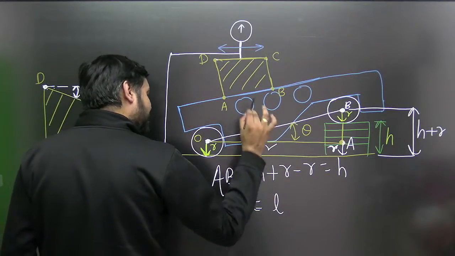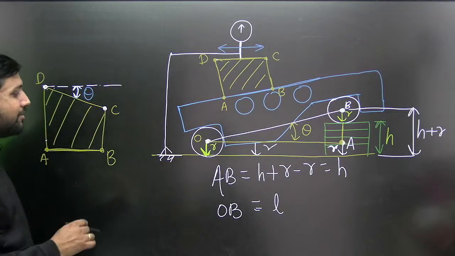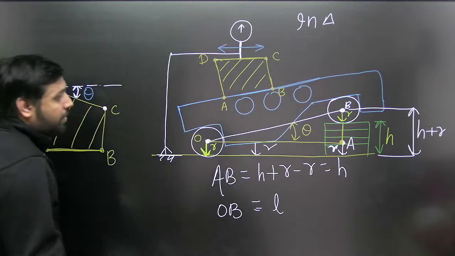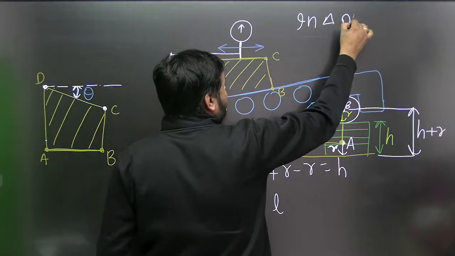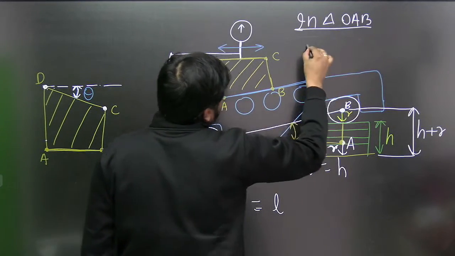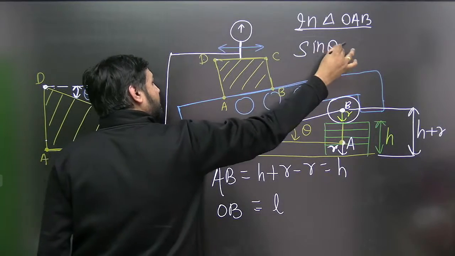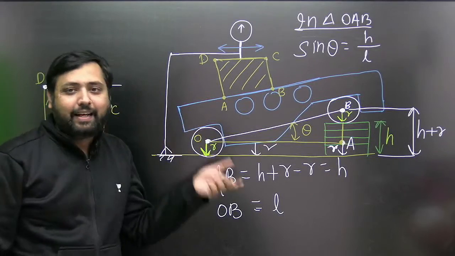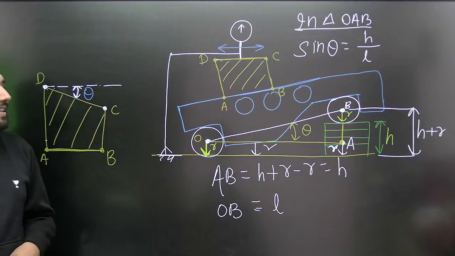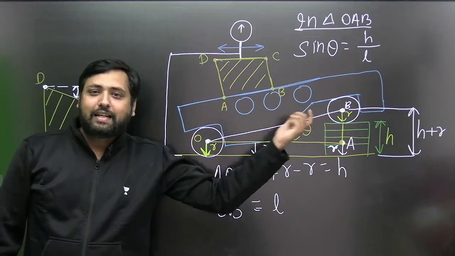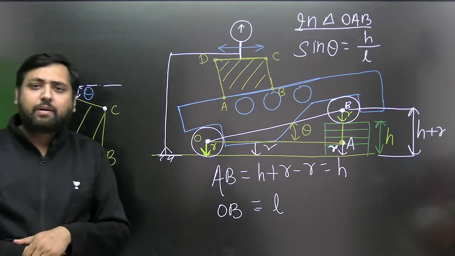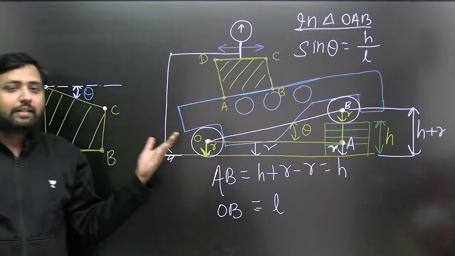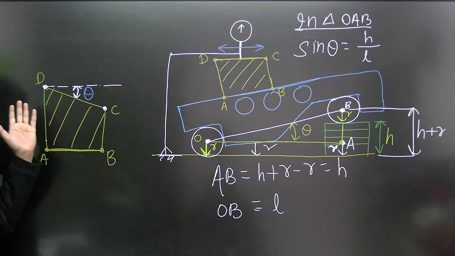The length of the sine bar, and you write it as L. Now, in triangle OAB, you can write very beautifully, sine theta will be equal to H upon L. If you know this slip gauge height H, and if you know the center to center distance, that is the length of the sine bar, and that is how sine bars are specified, then you can easily find the angle of this wedge shaped block.